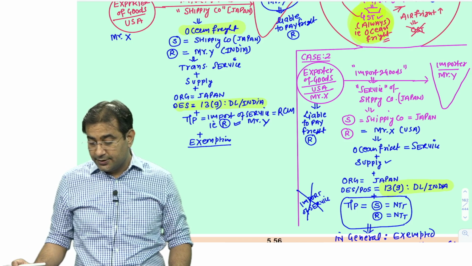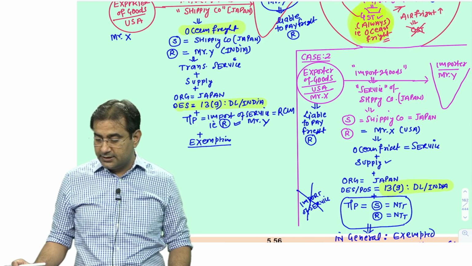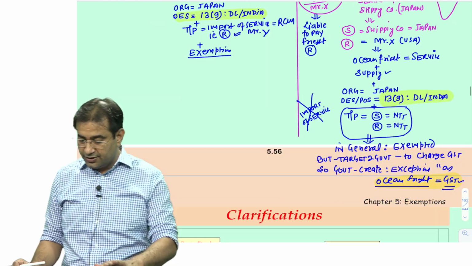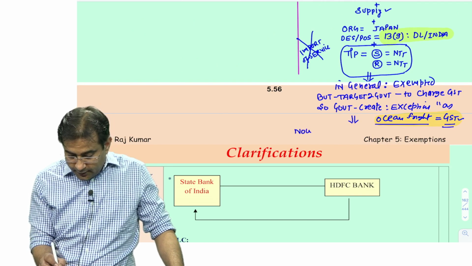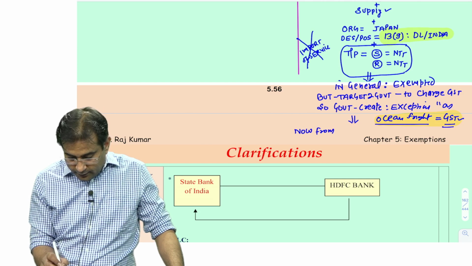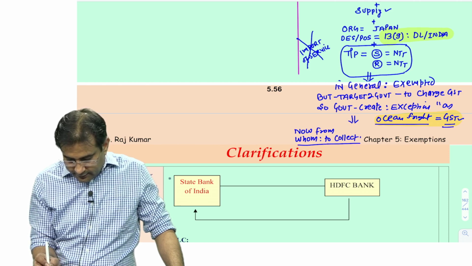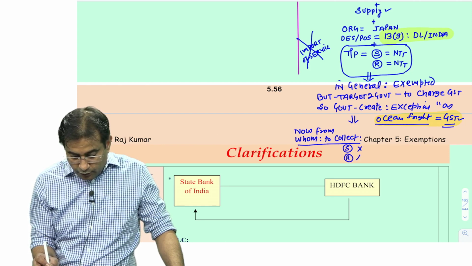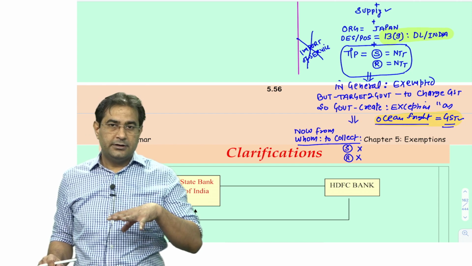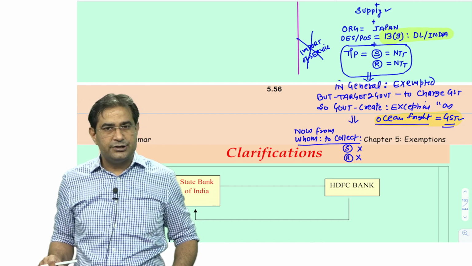Because sir, the supplier is outside India, the government has no control, and the recipient is also outside India. Now from whom to collect? Whether from the supplier? No. Whether from the recipient? No, because none of them is under the control of the Indian government, neither supplier nor recipient.